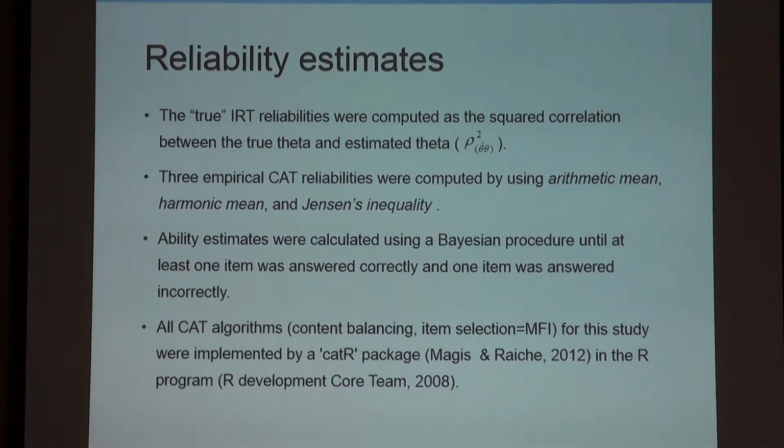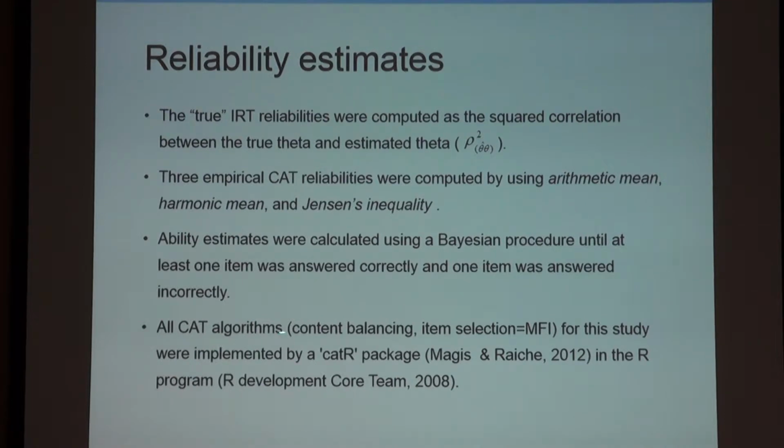Ability was estimated with a Bayesian procedure because the MLE method does not work with non-mixed responses. So the Bayesian procedure is used until at least one item is answered correctly and one item incorrectly. Then with mixed responses, MLE works. So ability estimation is basically MLE, but for the first several items uses the Bayesian procedure.